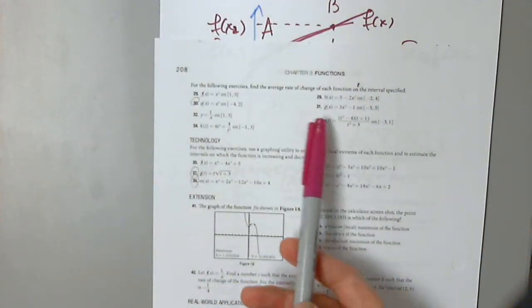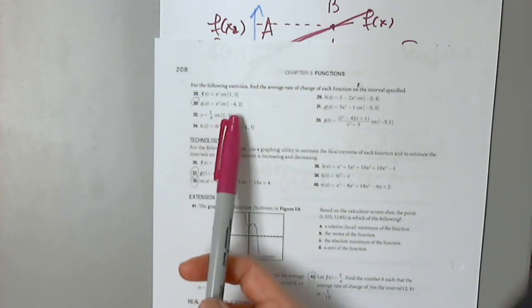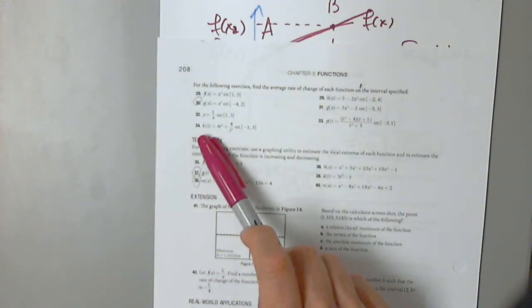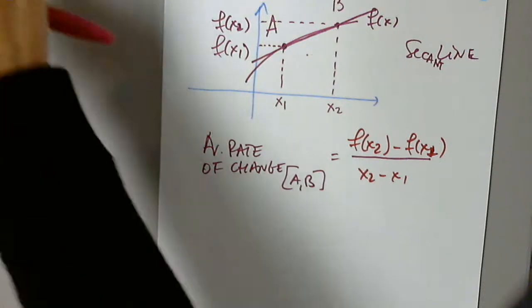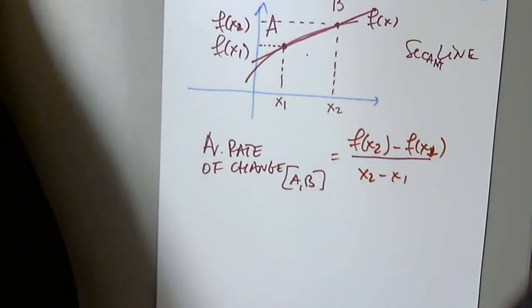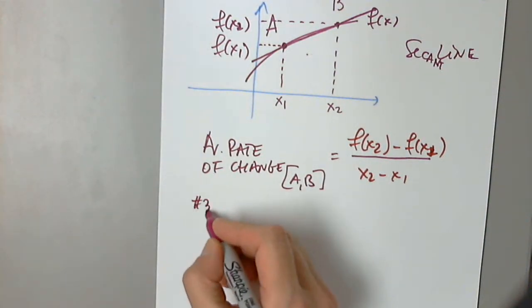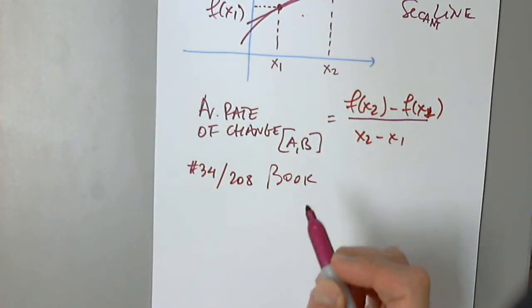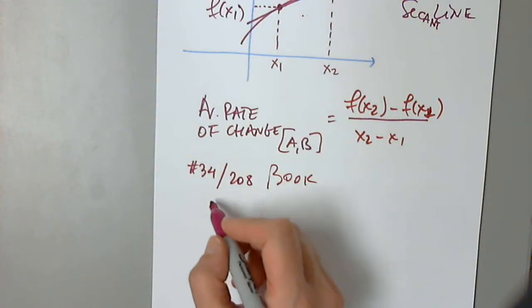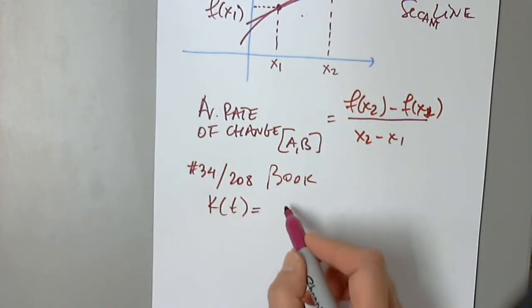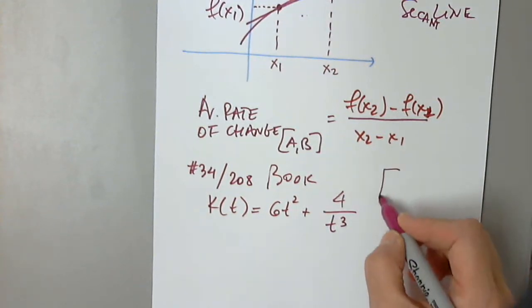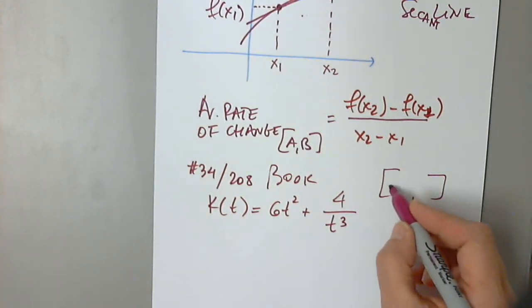So any function to find the average rate of change on the interval -4 to... we want to look at 34. Perfect. So let's work on 34. This is 34 on page 208 from the book, of course. And the function is k of t, which is 6t squared plus 4 divided by t cubed. And they are giving us the interval -1, 3.